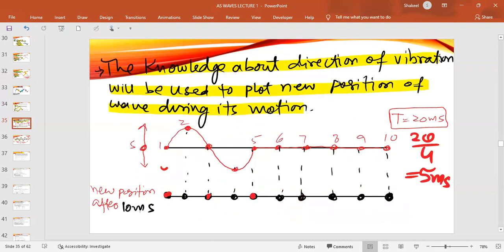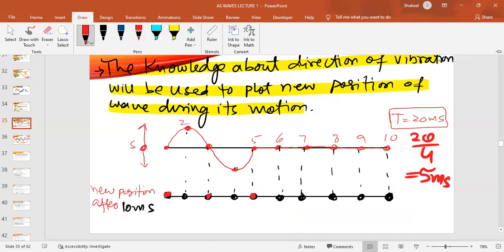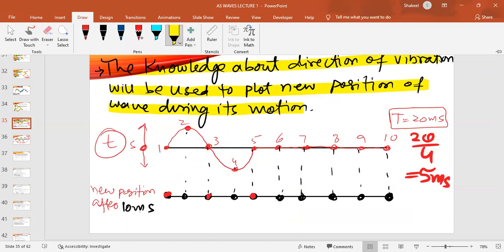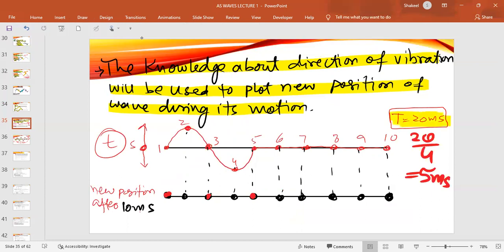Okay. So let's say if you look at this diagram, this is the position of the wave at a certain time t. ये पहले वाली diagram. And the time period of this wave is 20 millisecond. So what they ask you कि आप 10 millisecond के बाद बताओ इस wave की position क्या होगी.